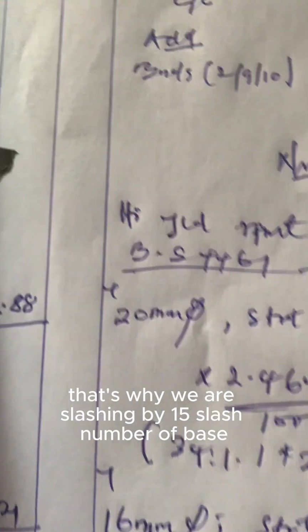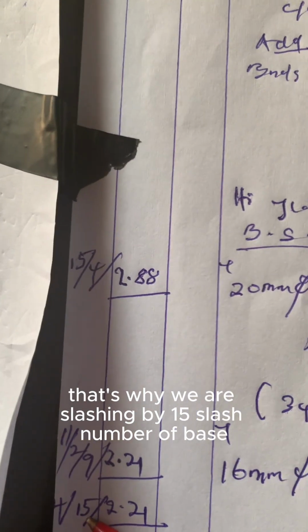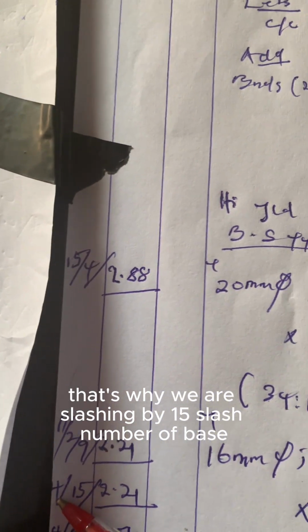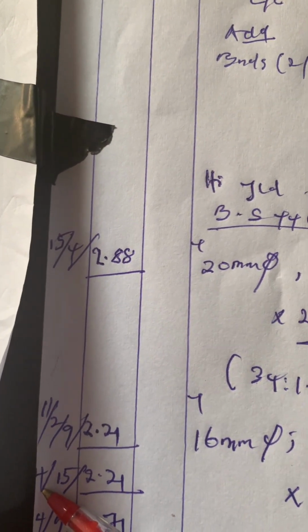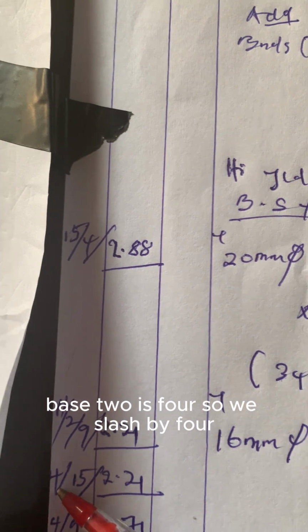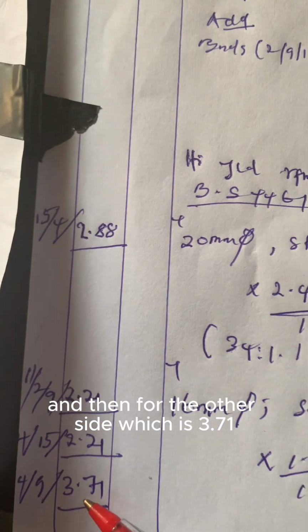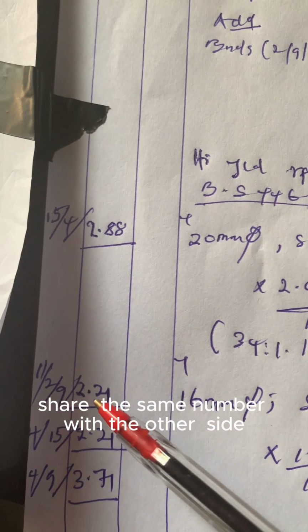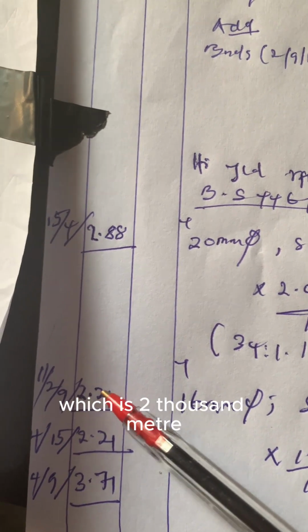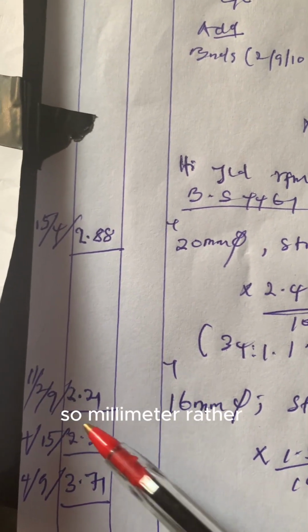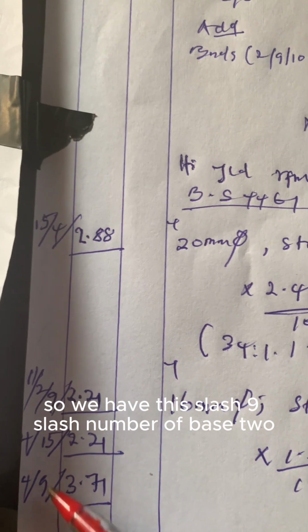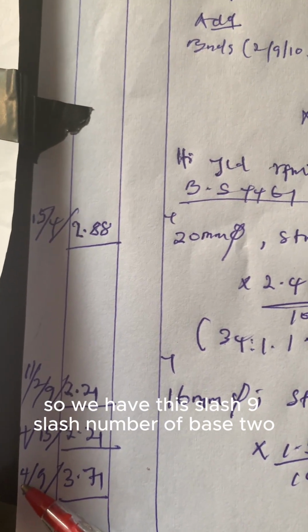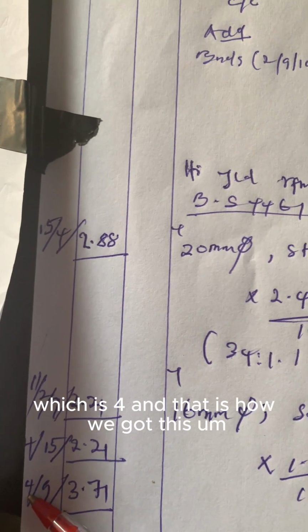So that's why we are slashing by 15, slash number of bases. Base 2 is 4, so we slash by 4. And then the other side, which is 3.71, shares the same number with the side which is 2,000 millimeter, so we have this slash 9, slash number of base 2, which is 4, and that is how we got this.